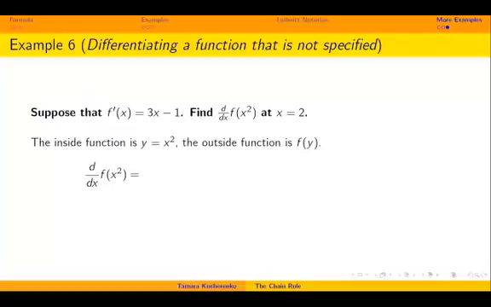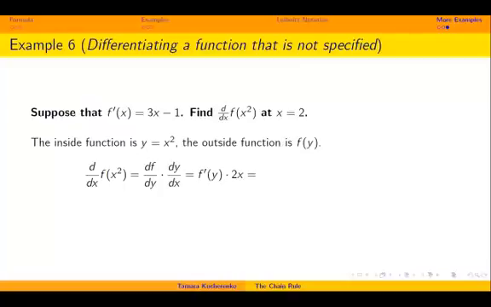The chain rule gives that d over dx of f of x squared equals df over dy times dy over dx. df over dy is f prime, and dy over dx is the derivative of x squared, which is 2x.